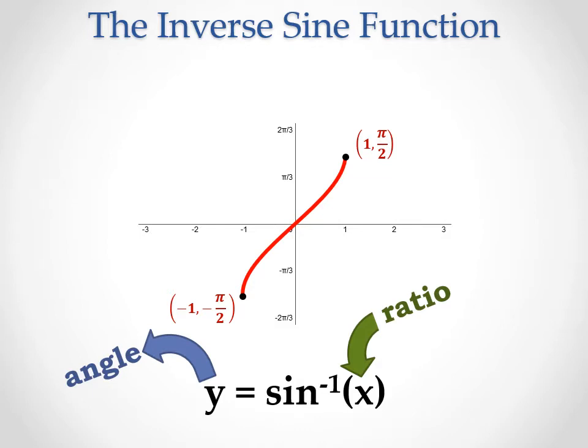So we're going in reverse here. Instead of putting in the angle and getting out the ratio, we're putting the ratio in and getting out the angle. The angle is limited to negative pi over 2 to pi over 2, so that would be angles in the fourth and first quadrants on the unit circle.